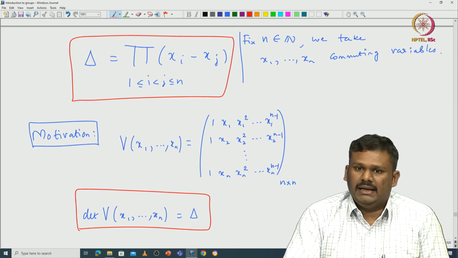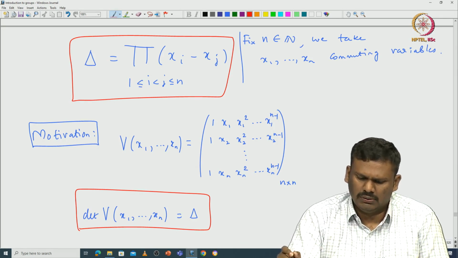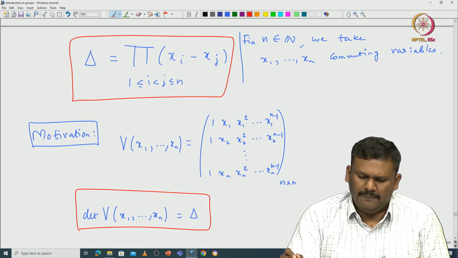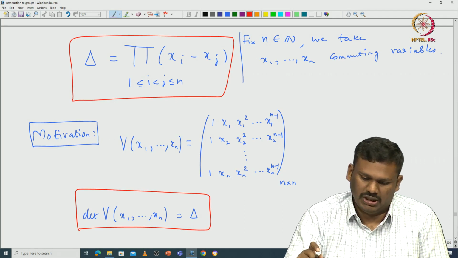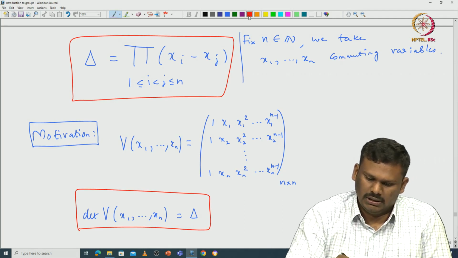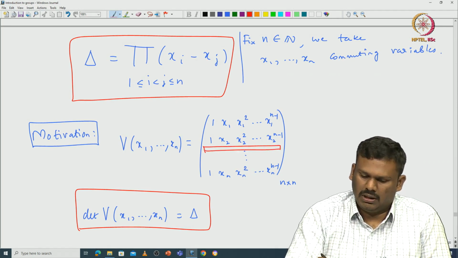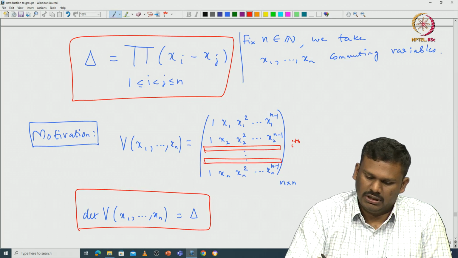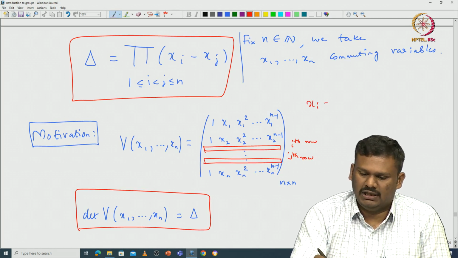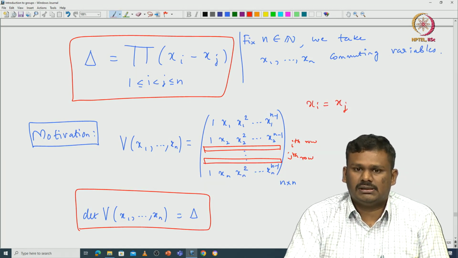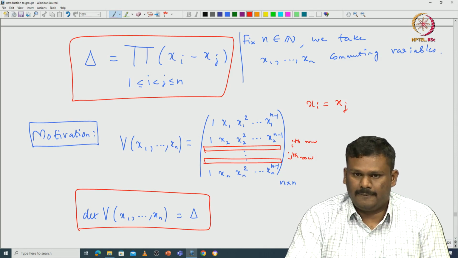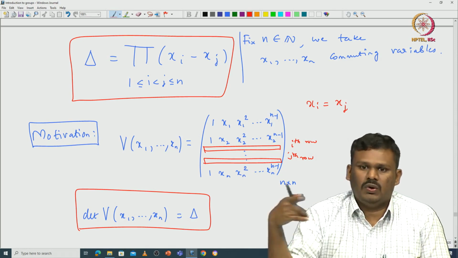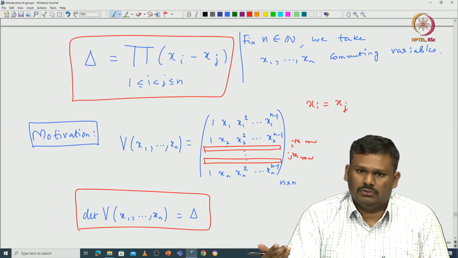Now if you take any ith row and jth row and substitute x_i equal to x_j, then the ith row and jth row in this V of x_1 etc. x_n become equal. So, that means they have two identical rows.